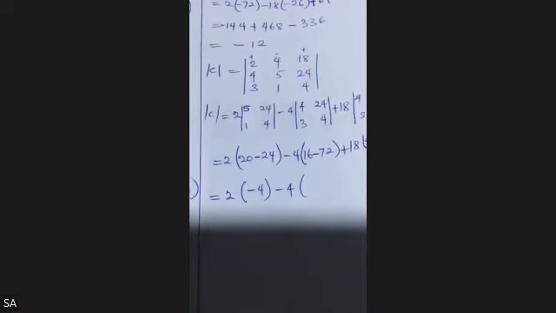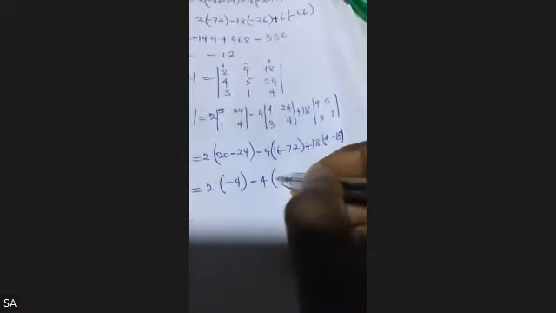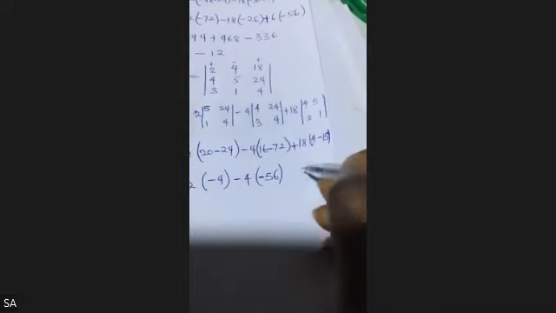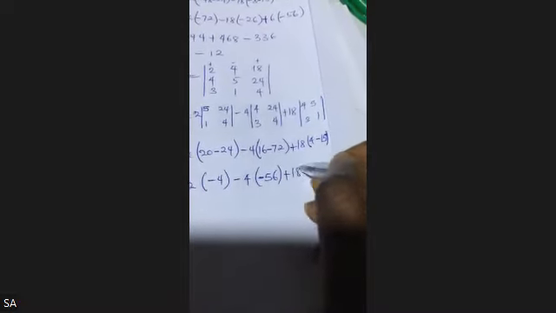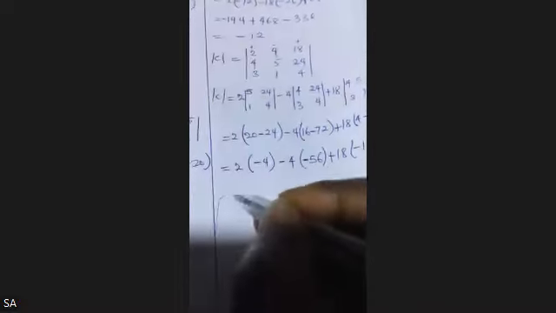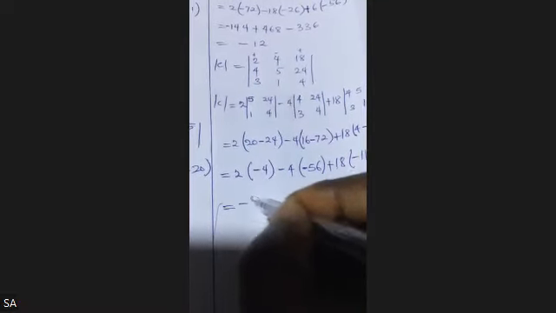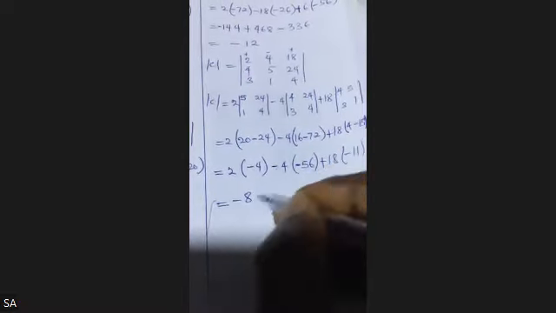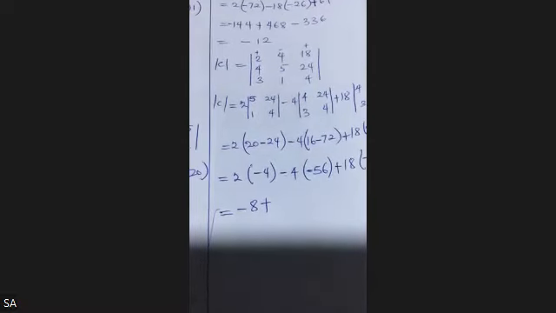Minus 4 into 16 minus 72, which is minus 56. Minus 56 plus 18 into 4 minus 15 is minus 11. So this will give us minus 8. Minus times minus is plus 56 times 4. 224. So we have 224.